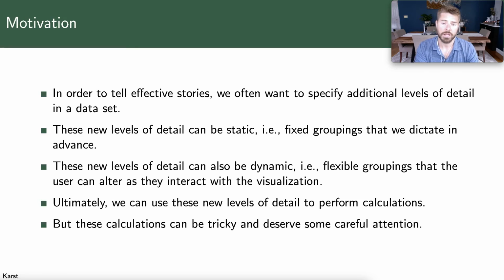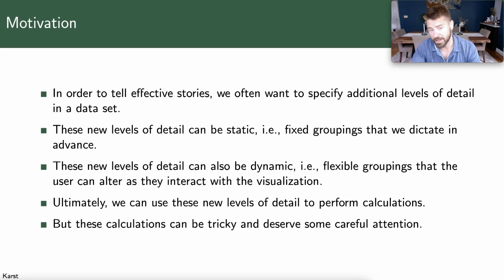So the big idea is that we've seen that level of detail is super important, but often in visualizations, we want to be able to move between levels of detail that perhaps were not specified in the original data set. So for instance, maybe we want the user to be able to define new groupings on the fly, or we want to construct a hierarchy of products, product classes, product categories, product subcategories, and product SKUs.